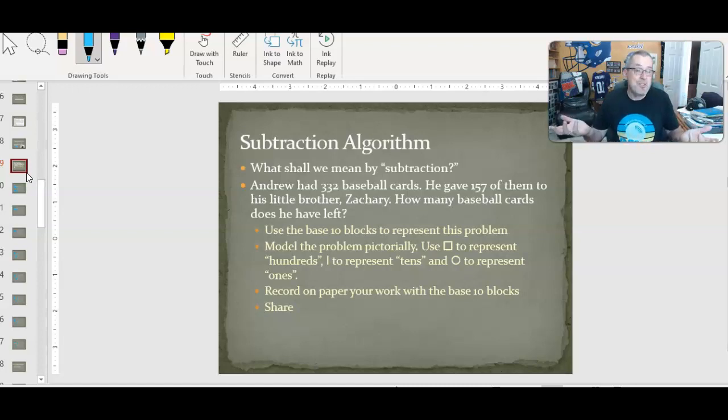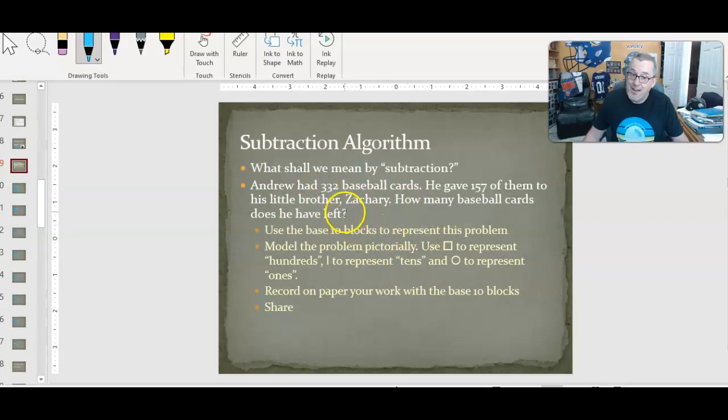So I might pose that to kids learning about multi-digit subtraction. And for a minute, ignore all my instructions here because we have to work through this. Hey, if you've got that base 10 block app, get that base 10 block app out and play for a minute. How would you use the base 10 blocks to do this subtraction problem?